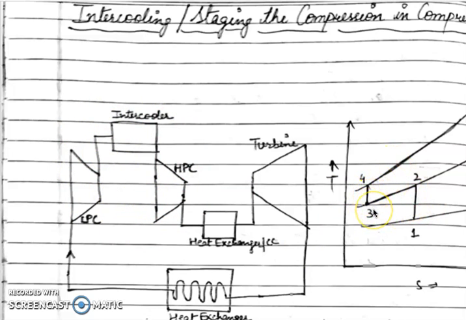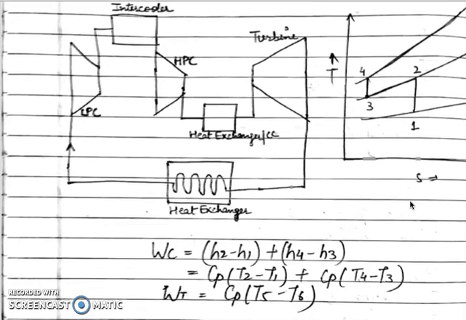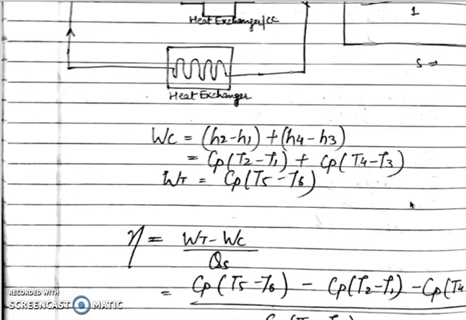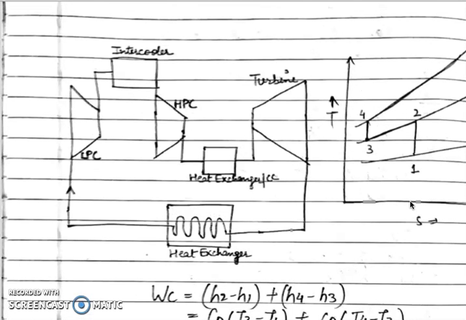As a result it reduces the work input in the compressor, as the pressure lines converge in the left direction, and hence the work 3 to 4 will be less than it would have been if this line had been extended in a straight line. So the work input is reduced, and hence we may obtain an increased efficiency.